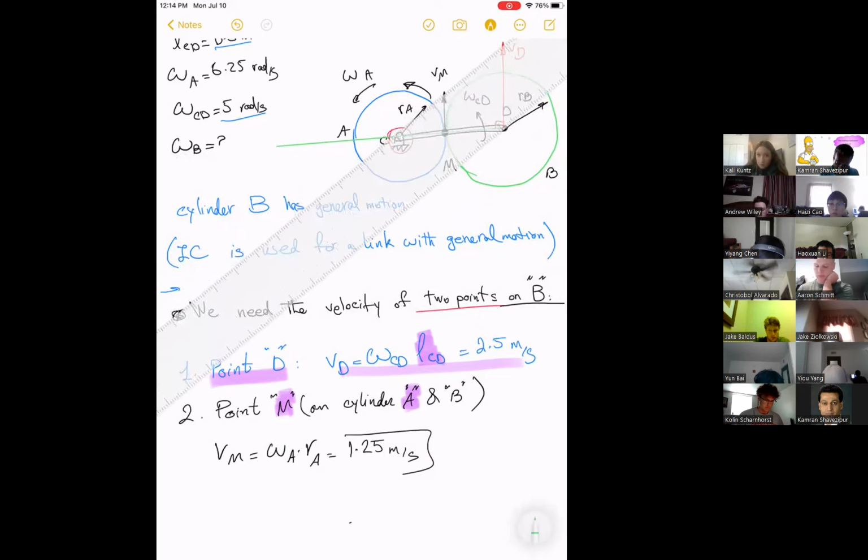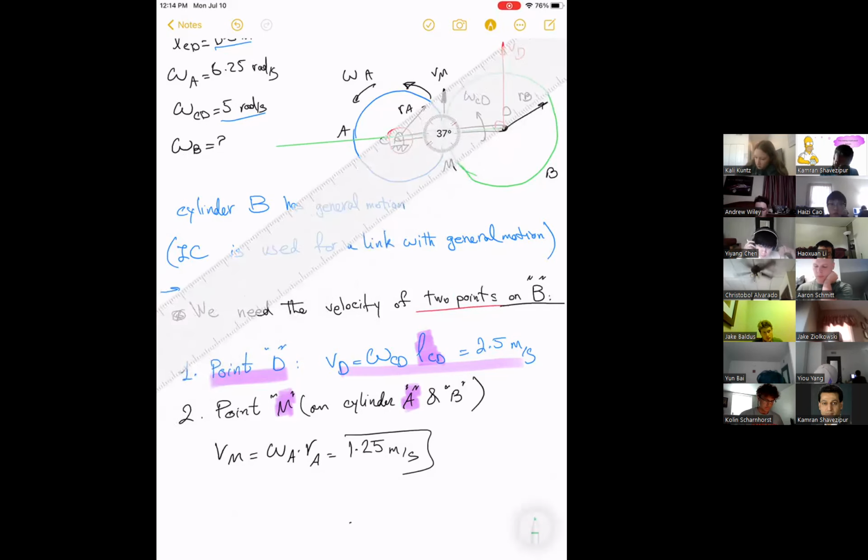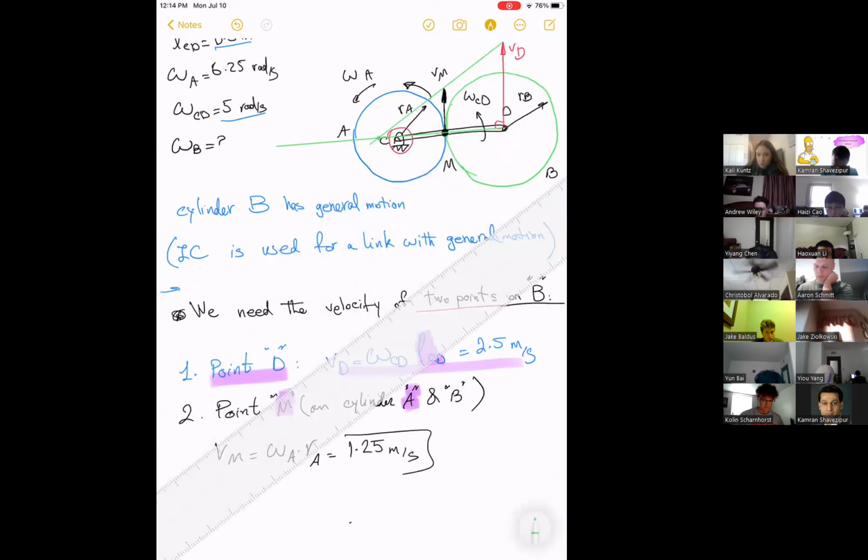And of course, these are not perfectly accurate. Let's make it a little more realistic because that's how it goes. And if you draw that line, this is going to be your IC.